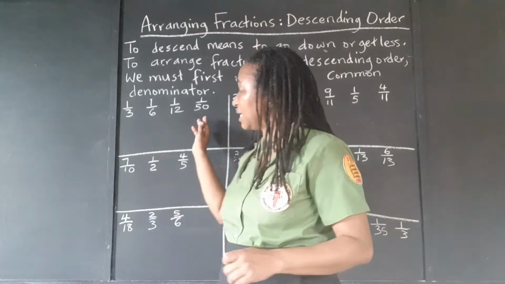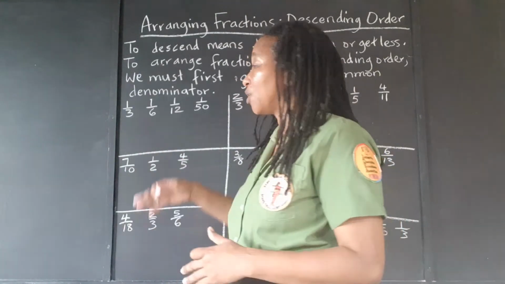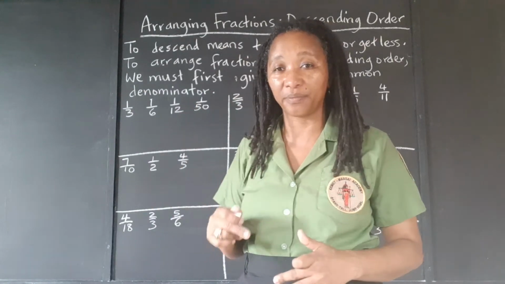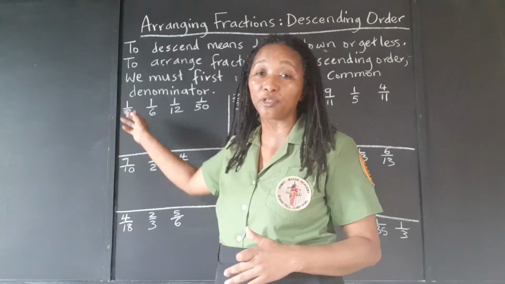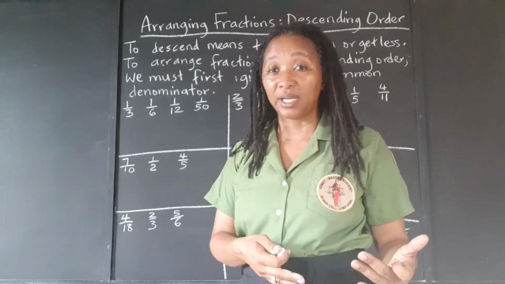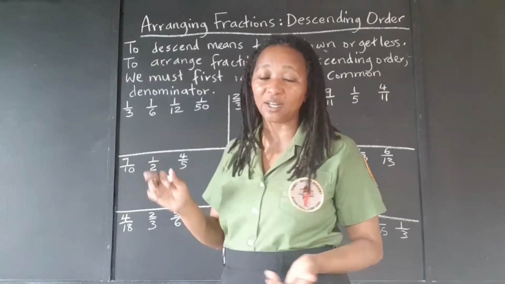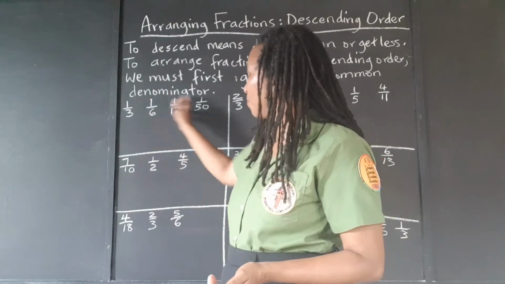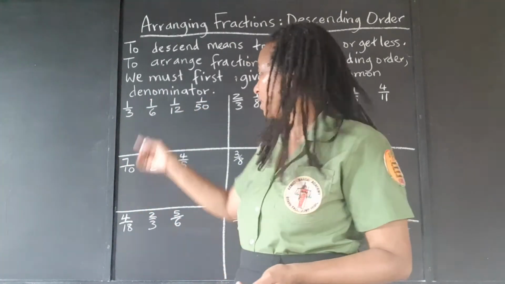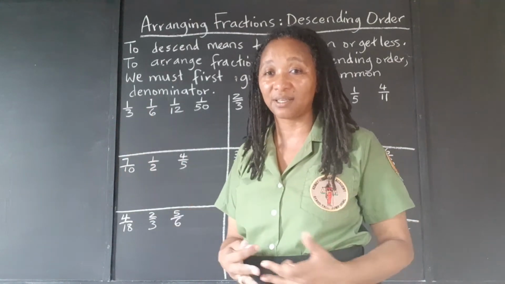Because if you have the same thing that you're sharing up, if you cut it into 50 pieces, each of those pieces would be smaller than if you just cut it into 3 pieces. Then those pieces would be bigger. That's the comparison. So the fraction that has the biggest denominator, if all the numerators are 1, is the smallest, and the one with the smallest denominator turns out to be the biggest fraction.